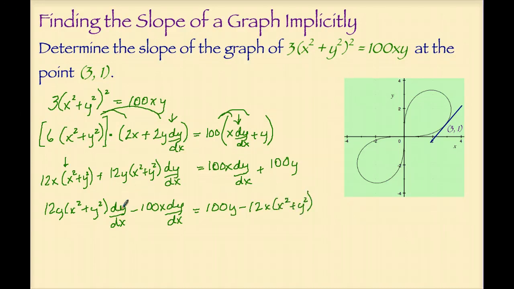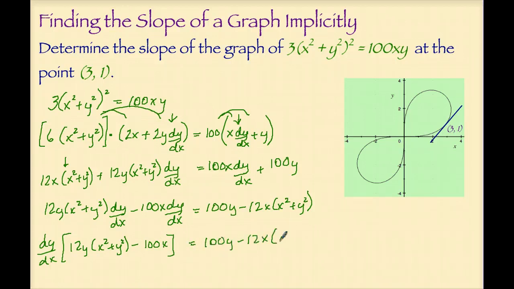Now it's time to factor out the dy dx. This leaves dy dx. On the left now we have 12y times the quantity x squared plus y squared, minus 100x. Nothing has changed on the right side yet. This is a complicated derivative, isn't it? We're almost done.